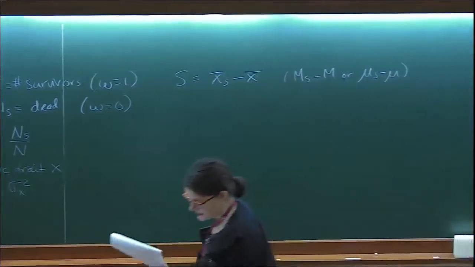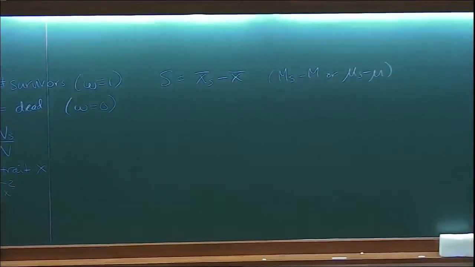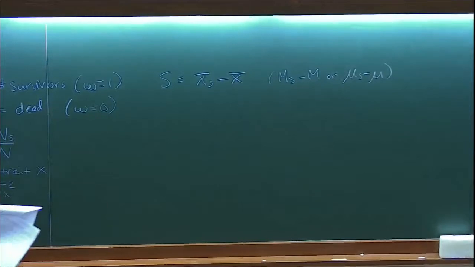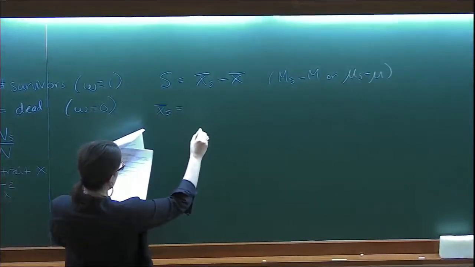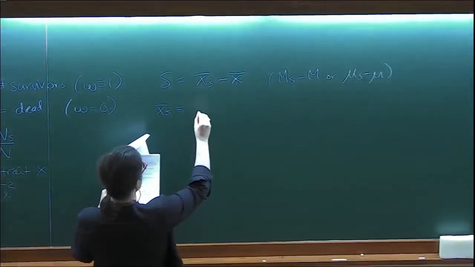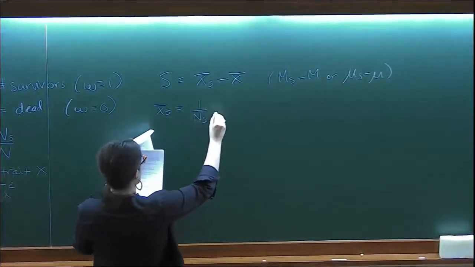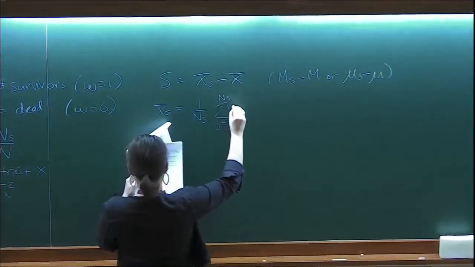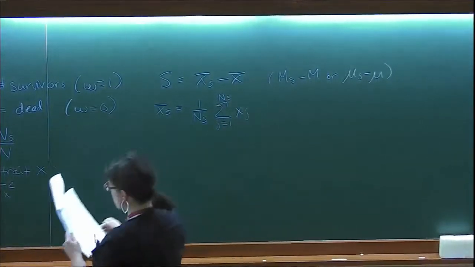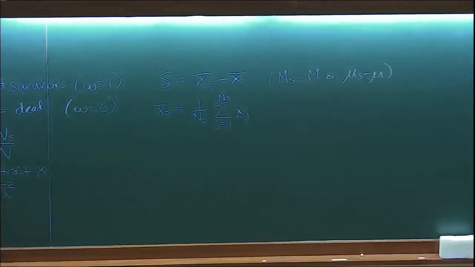I've been very inconsistent with my notation. So x bar s is just the mean in the n sub s survivors of this trait, whatever this trait is, maybe the size or anything else.